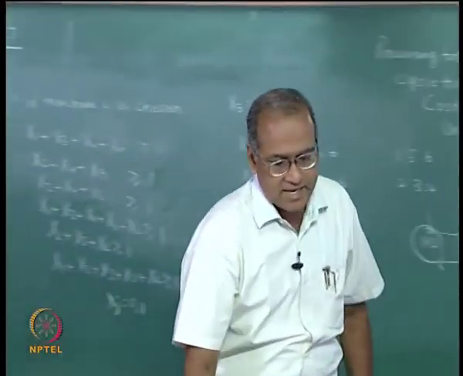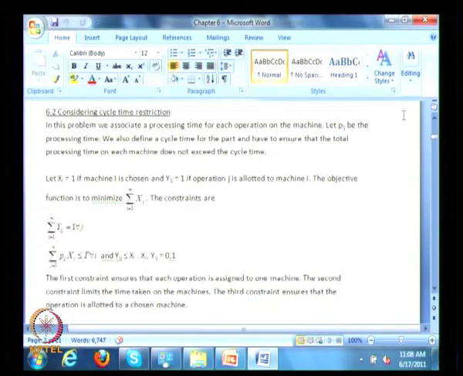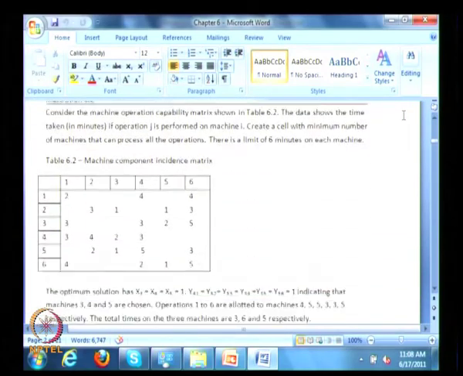So, let us look at the next one, which is considering a cycle time restriction. This is our incidence matrix, which has cycle times. So, when we do a cycle time restriction, the formulation changes.